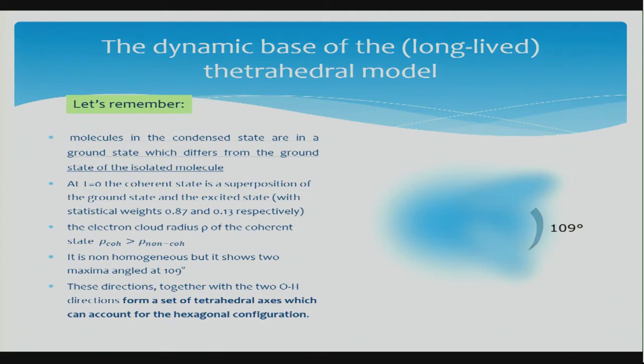It is more or less a number which fits the description of the H bond. This direction, together with the intramolecular OH direction, oxygen with the two hydrogens, forms a tetrahedral axis which can account for the hexagonal configuration.